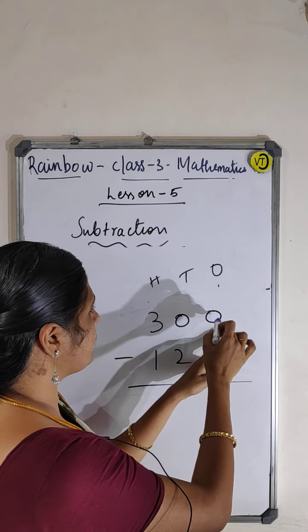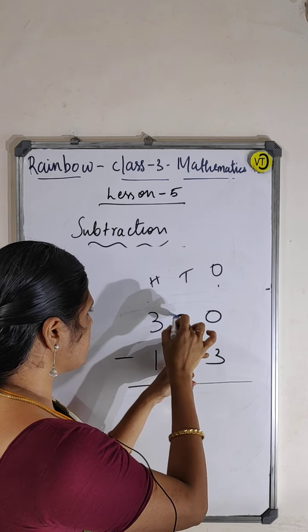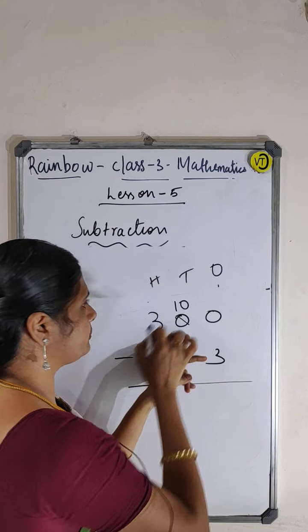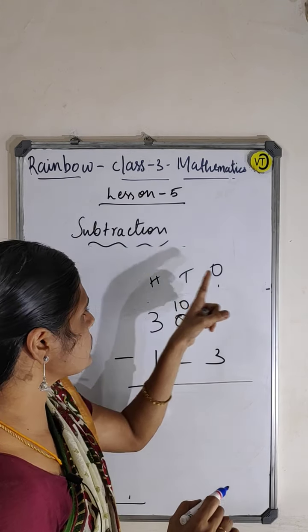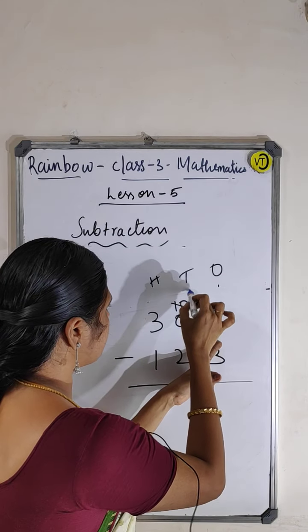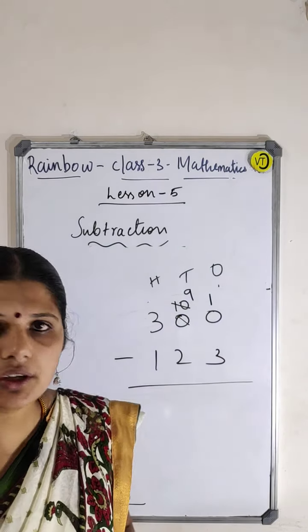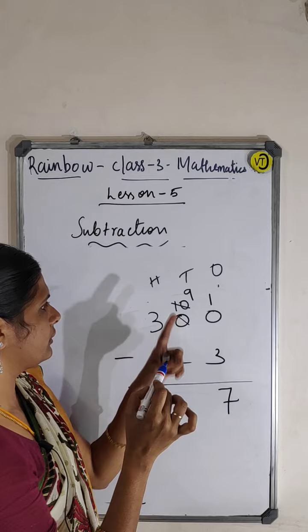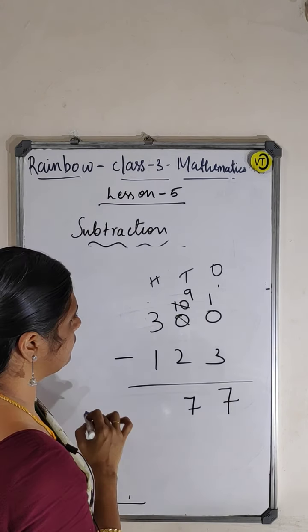But here, first of all the hundreds will give to the tens. So the tens will become 10. This 10 wants to give to ones, so this 10 becomes 9, and the ones becomes 10. 10 minus 3 is 7. 9 minus 2 is again 7.